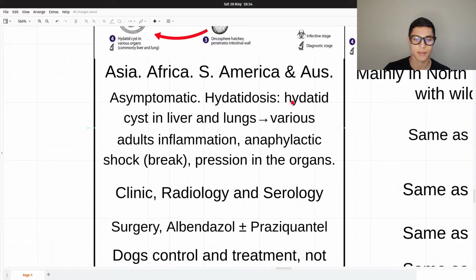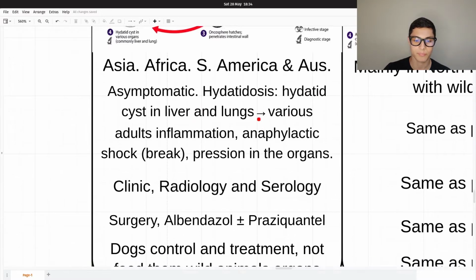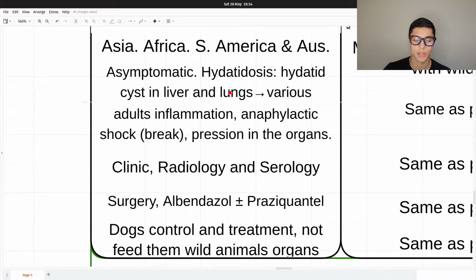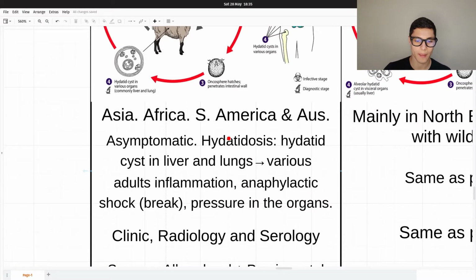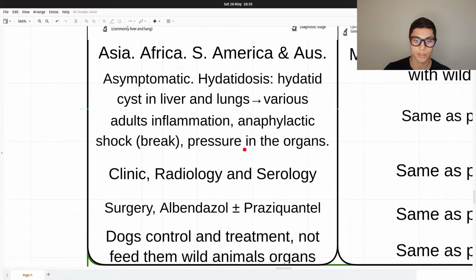Okay, it's creating a hydatid cyst in liver and lungs mainly, and various adults which are coming from this can cause inflammation, because if those hydatid cysts which we are going to have near the liver and the lungs break, they will probably give us an anaphylactic shock. And a very important thing they do is they create pressure in the organs, because they can grow very big, those hydatid cysts, that they can also create a scoliosis.